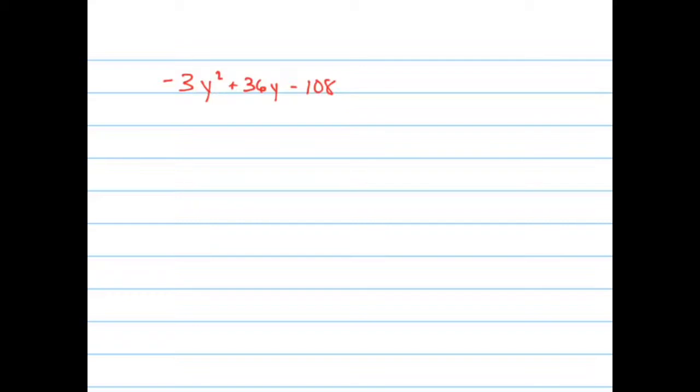Yeah. 3 goes into 36 12 times. So we're going to factor out a negative 3, which leaves us with y squared, then negative 12y, because 36 divided by negative 3 is negative 12. What's negative 108 divided by negative 3? Positive 36, because a negative divided by a negative is positive.